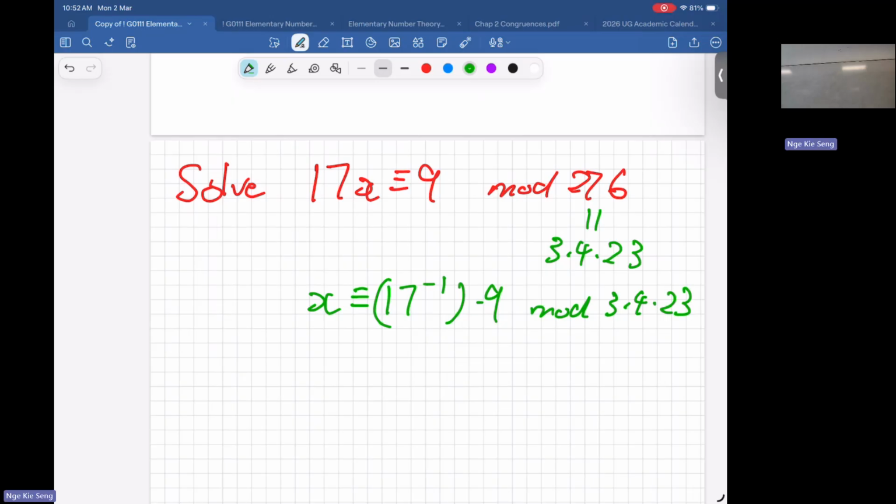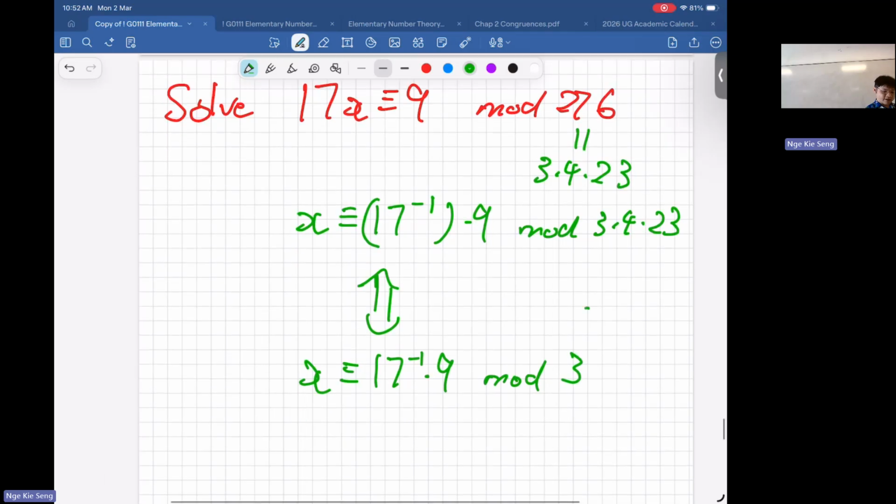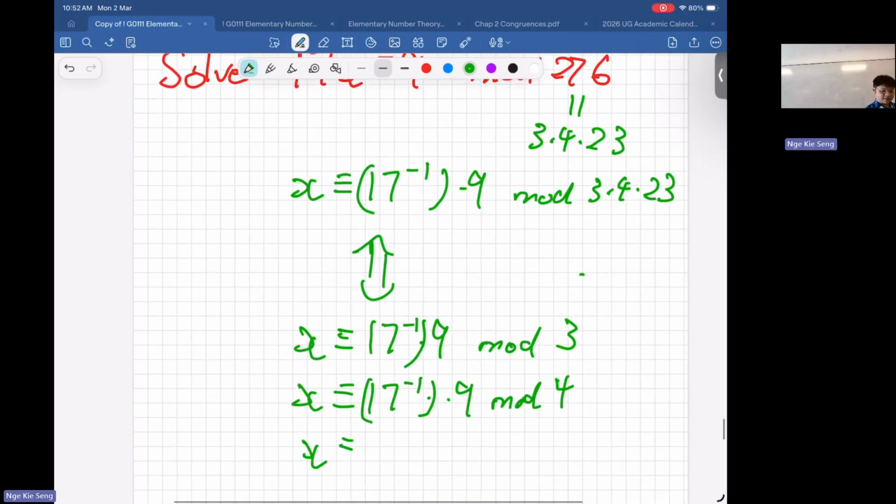So meaning what? This is equivalent to solving x ≡ 17 inverse times 9 mod 3, and x ≡ 17 inverse times 9 mod 4, and x ≡ 17 inverse times 9 mod 23.